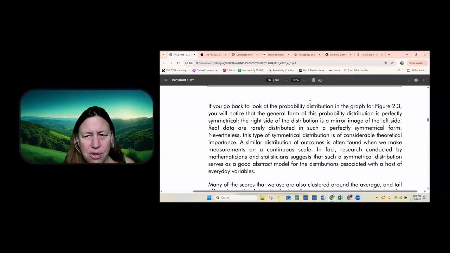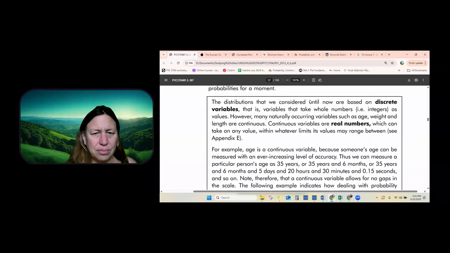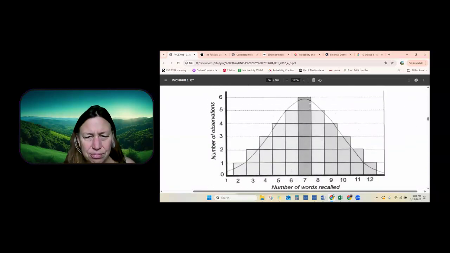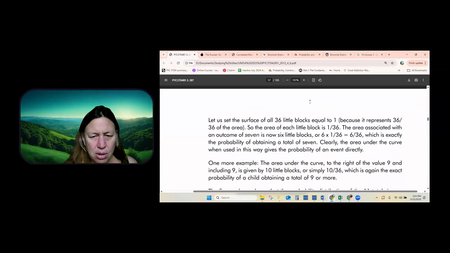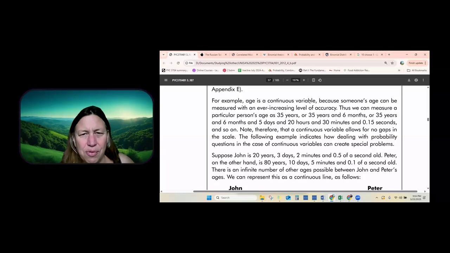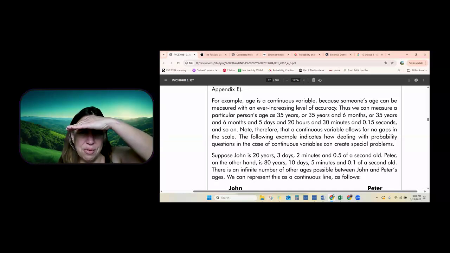Okay, so now if we go back to figure 2.3, we'll see that it's perfectly symmetrical. It's a normal distribution around the mean. Things are not going to be so perfect, but they are going to follow that pattern.